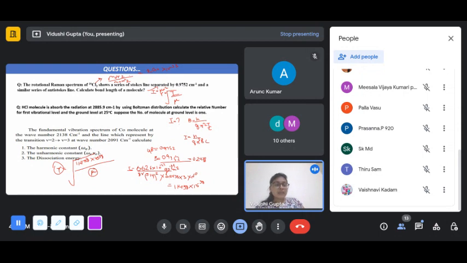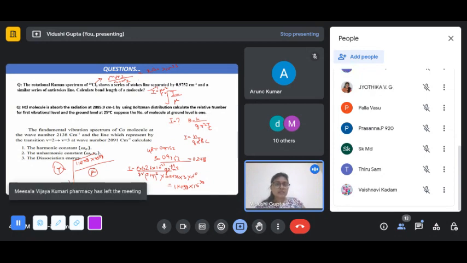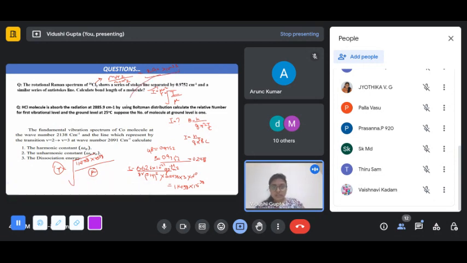But then you have to divide it by Avogadro number also, 6.022 into 10 raised to 23. After that, the value will be 2.90 into 10 raised to minus 23. So if you substitute this value in this, the bond length will be 1.98 Angstrom.